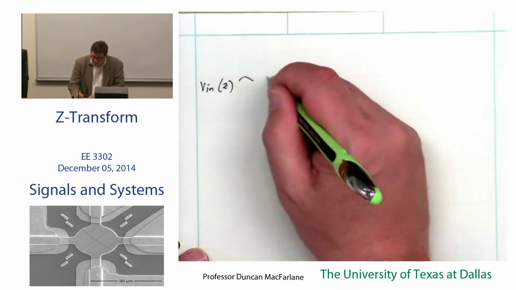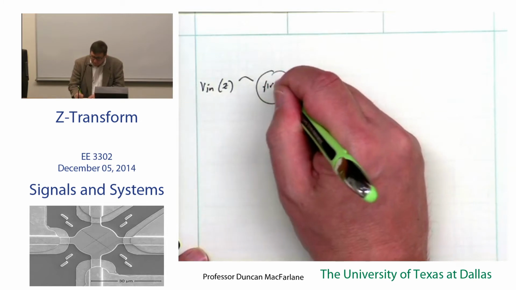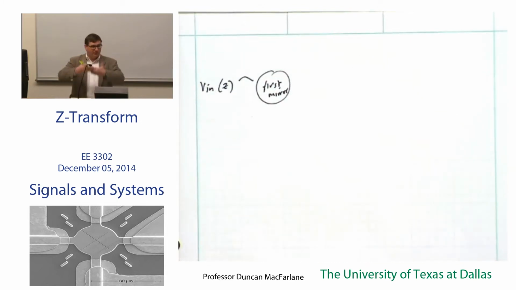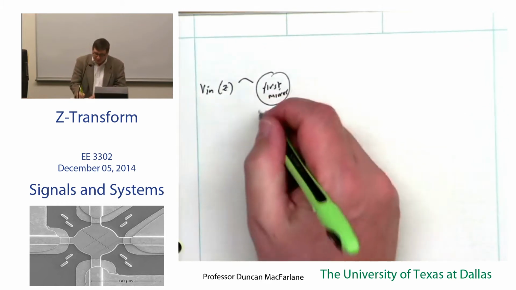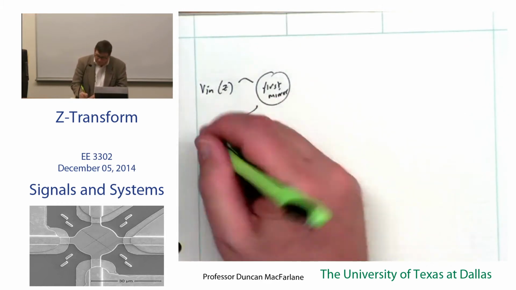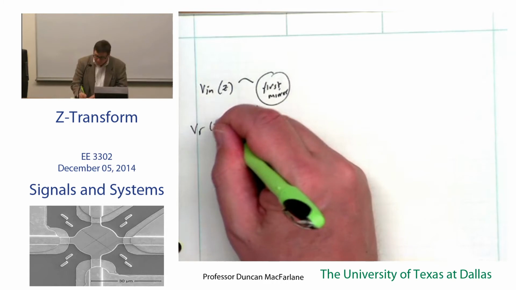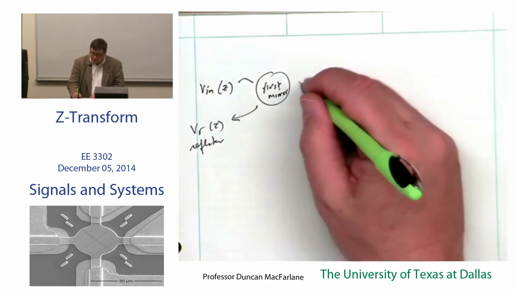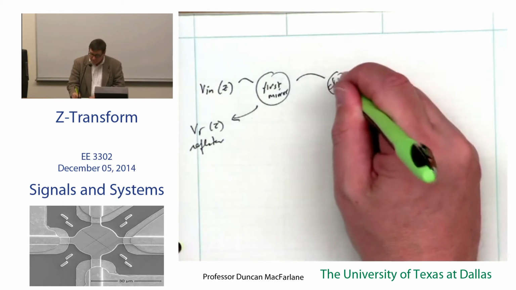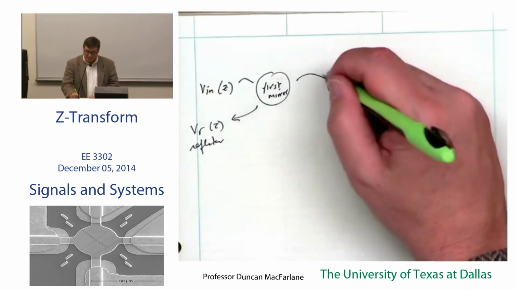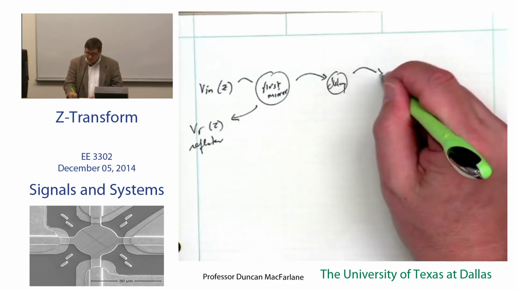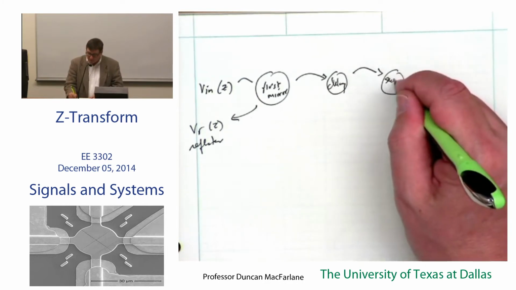And what happens is I'll have the first mirror, the first face of the glass, and I'll have reflected. And then I'll go through the delay. And then I'll go to the second face, the second mirror.